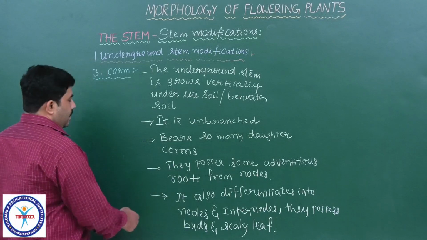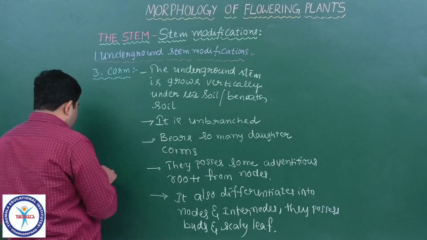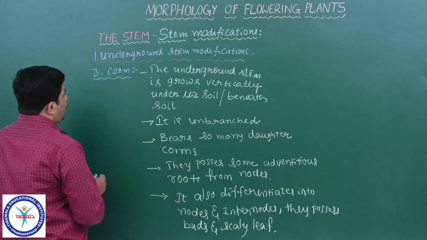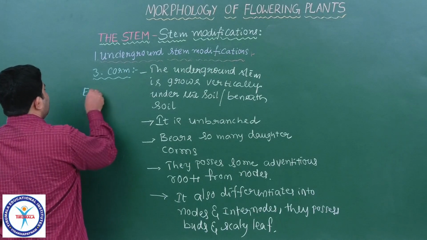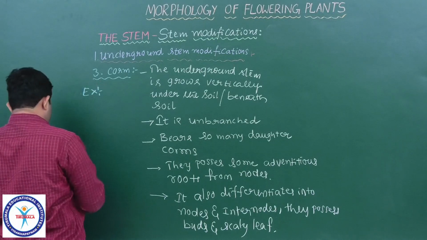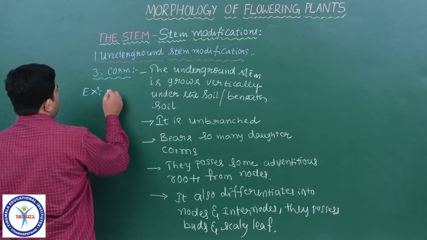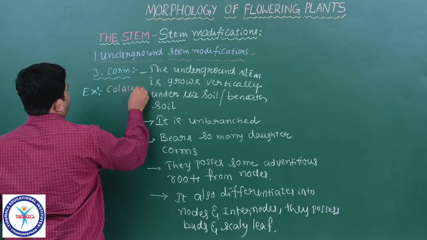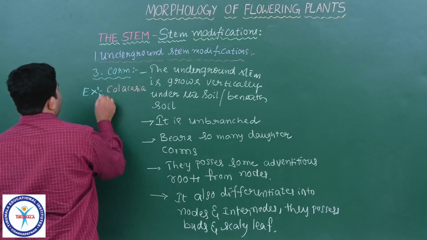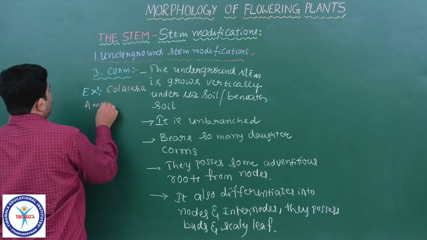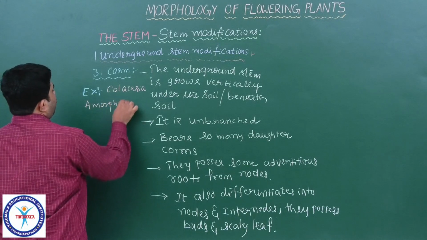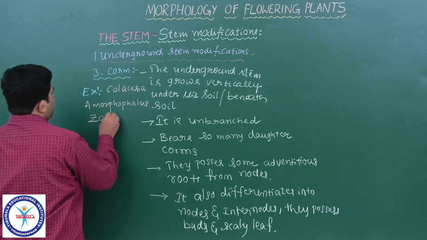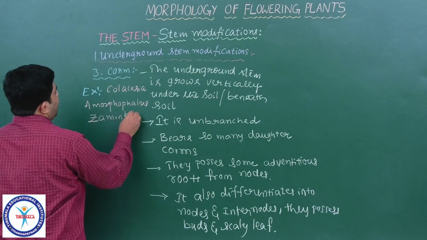The exemplary plants which show corm-like stem modifications are Colocasia, and the second one is Amorphophallus, also called Jamincund or elephant foot.